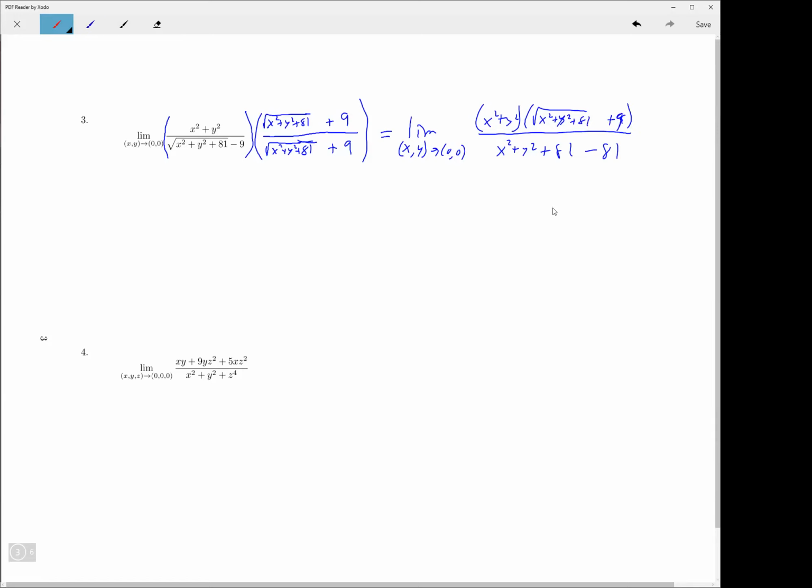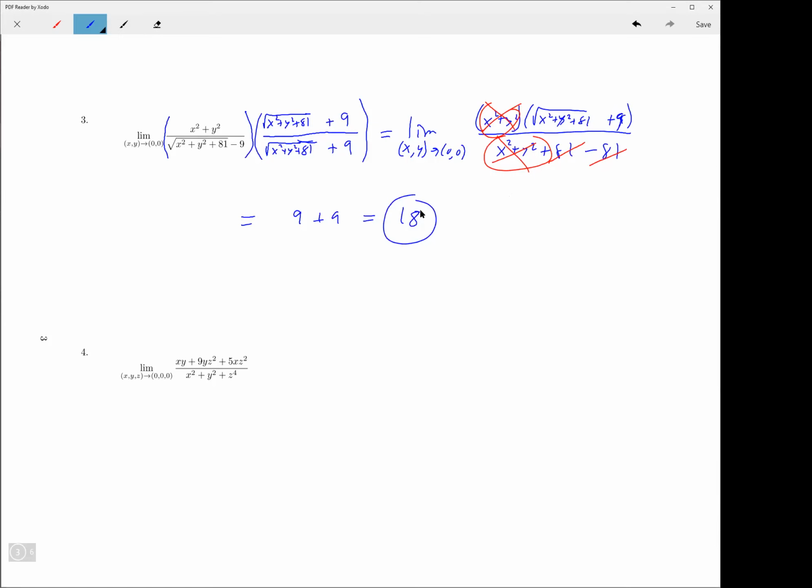And then this is the fun part, the 81s cancel. And then once all those 81s are gone, it's just this and this, and they cancel. And then you can just plug in the value, right? So plug zeros in there, you get the square root of 81, which is 9. So you get 18. Wow.